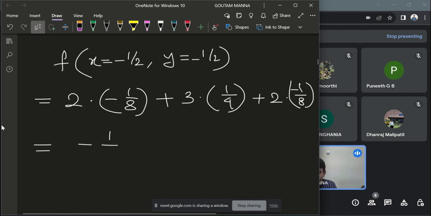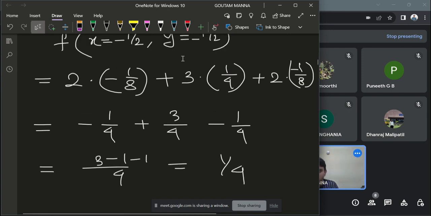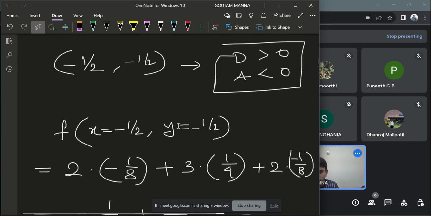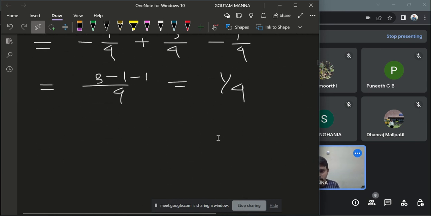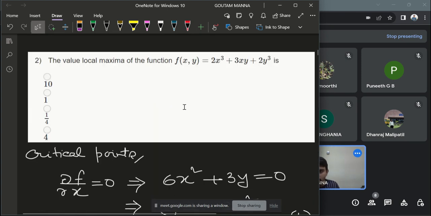So it is minus 1 by 4 plus 3 by 4 minus another 1 by 4. So if we subtract from 3 by 4, this is 3 by 4 minus 1 by 2, that is 1 by 4. So this is the local maxima and the functional value at this point is 1 by 4. So 1 by 4 is the value of the local maximum of this function. So the third option is the correct one.